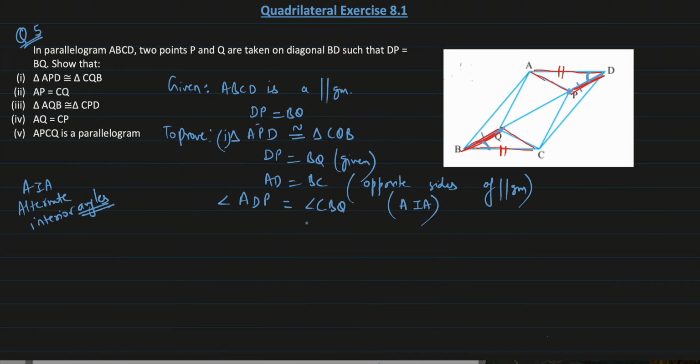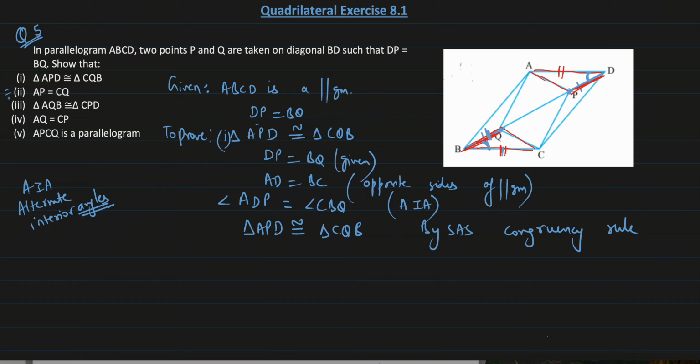So with this, what do I get? Triangle APD is congruent to triangle CQB with which congruency rule? SAS, side angle side. So by SAS congruency rule, done with the first part.